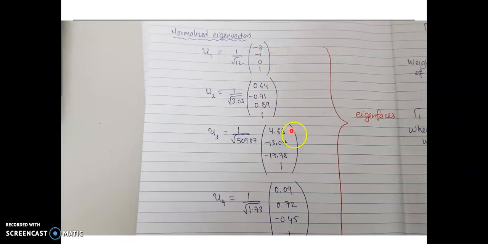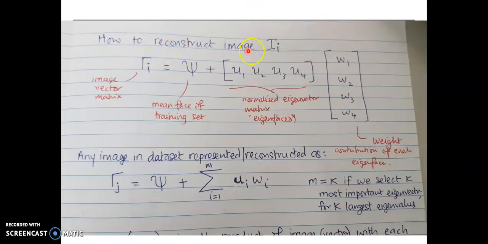Now these resultant eigenvectors, I name them ui: u1, u2, u3, u4. They are the eigenfaces of the training data set. To reconstruct an image I, we add the mean face image with a weighted sum of the eigenvectors with weightage w1, w2, w3, and w4.